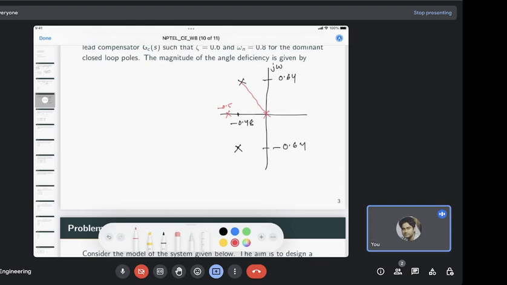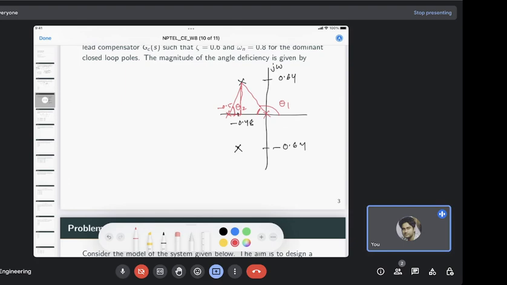For one pole it's enough to compute one angle, so let it be theta 1, and another angle, theta 2. This angle we can compute, and the other angle is just 180 degree minus this angle, so we can use the tan inverse to compute these angles.